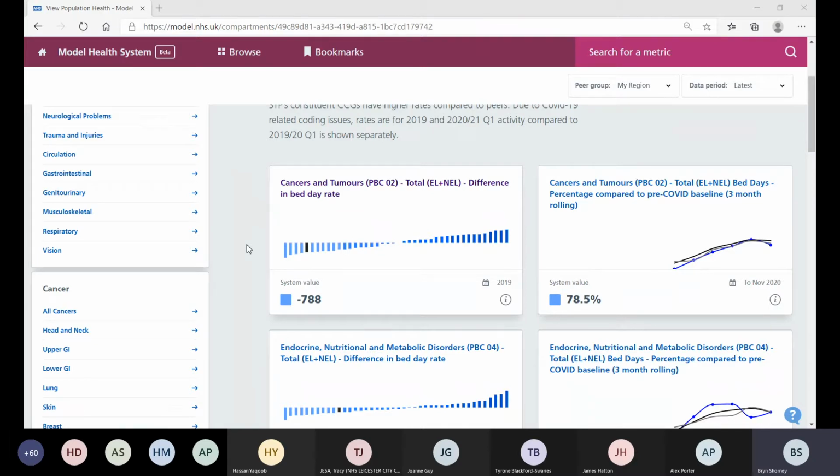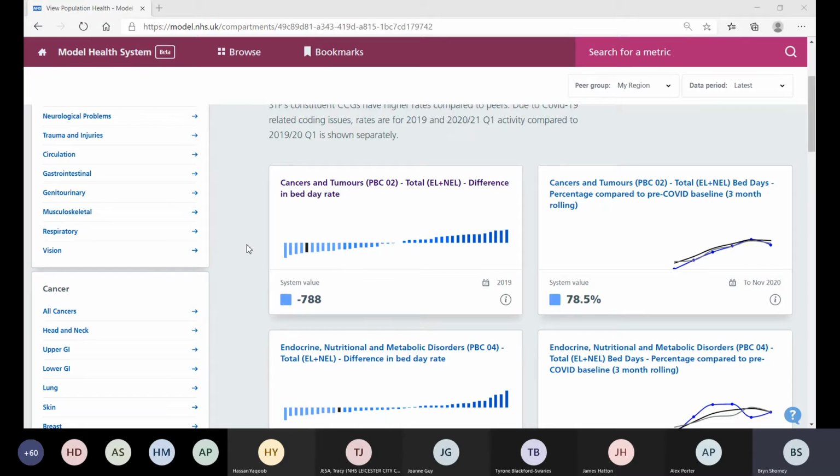So for example, in this case, the rate of bed days per 100,000 population for cancer and tumours. However, those demographic peers are spread all across England, and obviously COVID has had a very different impact in different parts of the country.